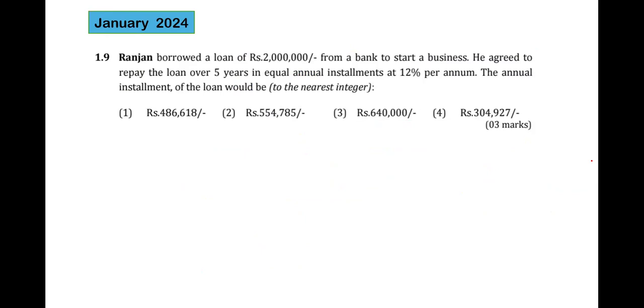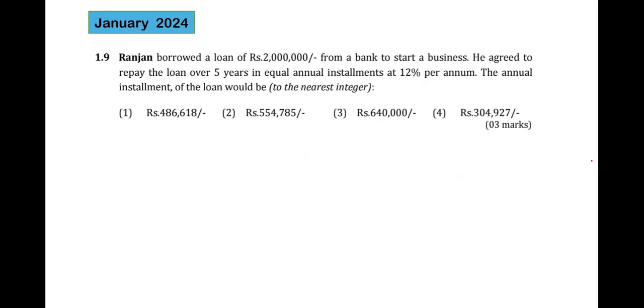Now, January 2024. Ranjan borrowed a loan of 2 million from the bank to start a business. He agreed to pay the loan over 5 years in equal annual installments at 12% per annum. The annual installment for the loan would be?